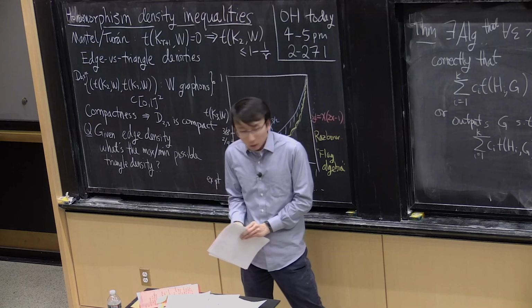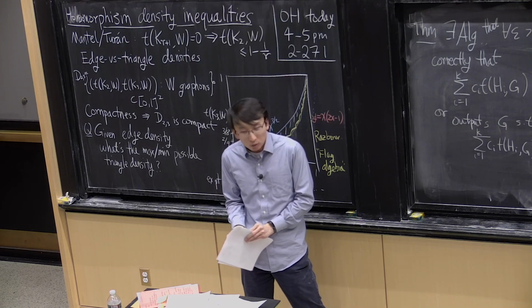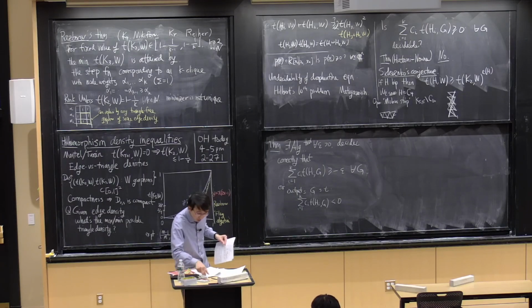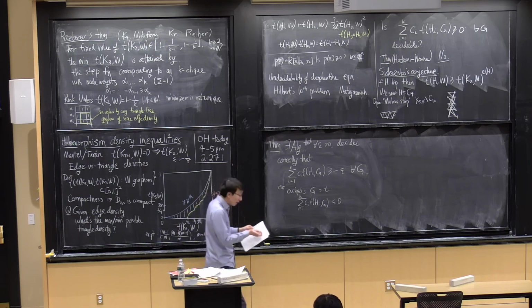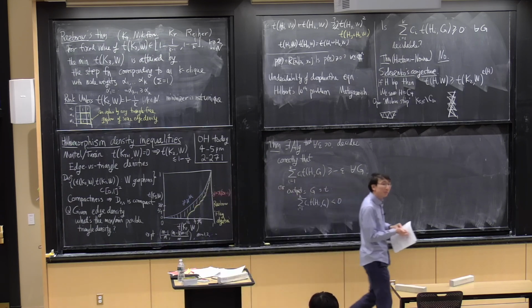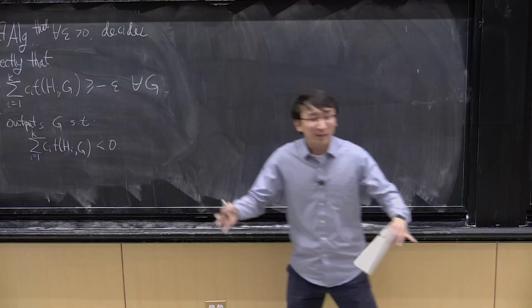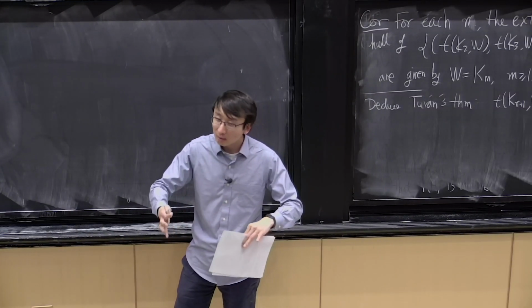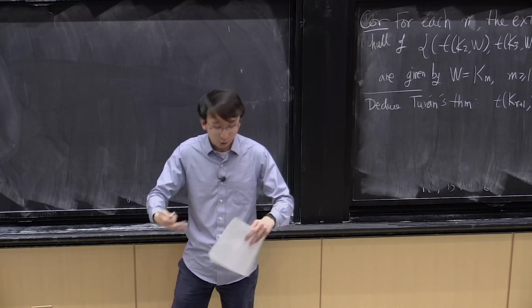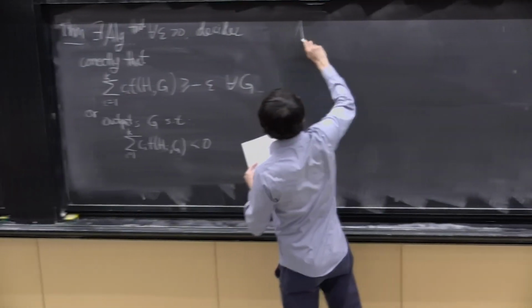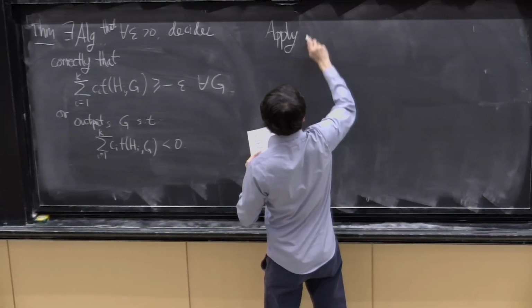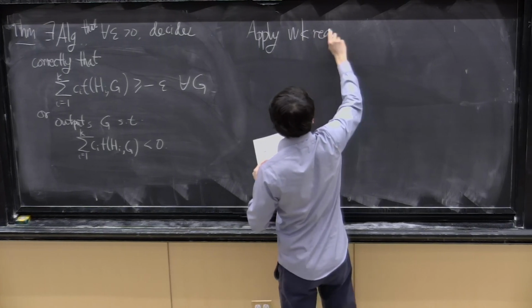And the algorithm is not too hard to describe. Basically, the idea is that if I take an epsilon regular partition, then all the data about H densities can be encoded in the epsilon regular partition. So apply, even the weak regularity lemma is enough.